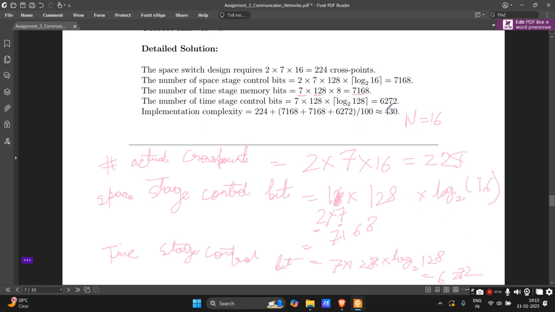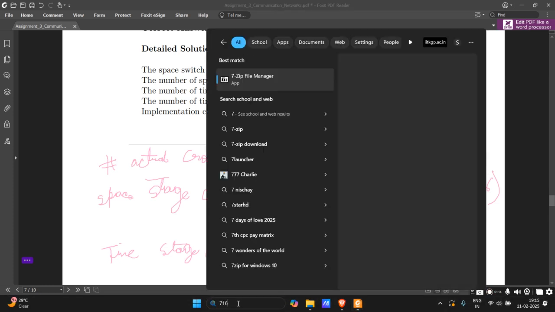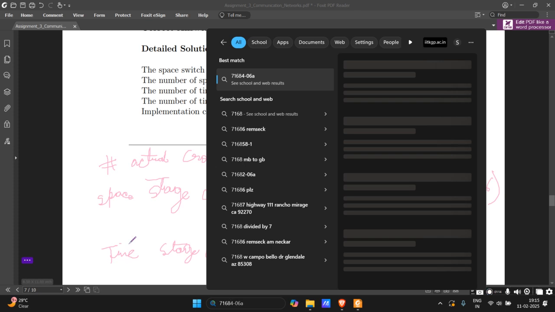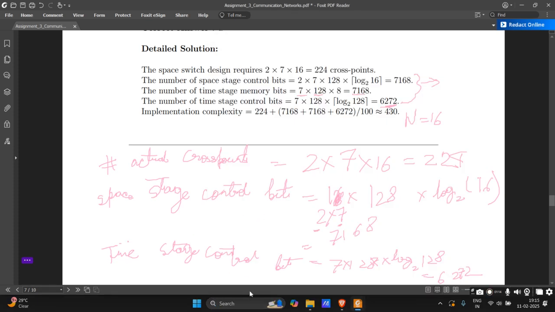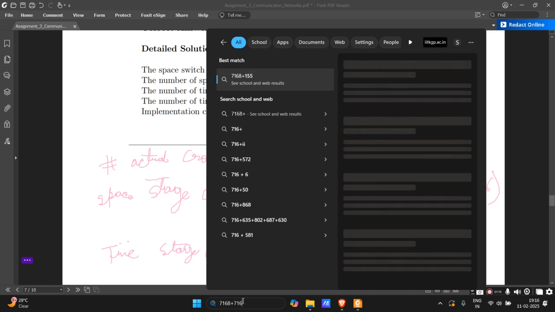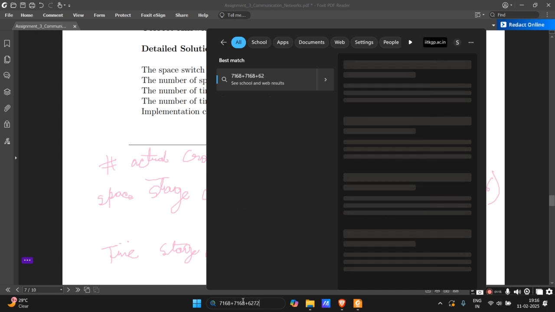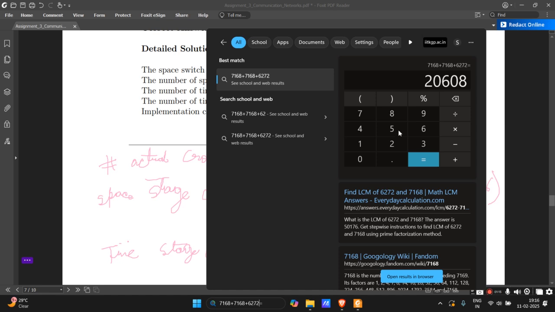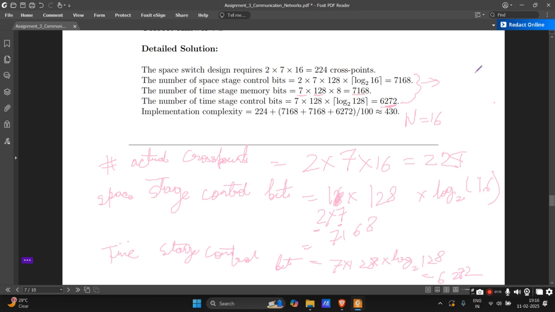Now if you add all these three, you will get 7168 plus 7168 plus 6272, which is 20,608. So here you will need 20,608 bits of memory.